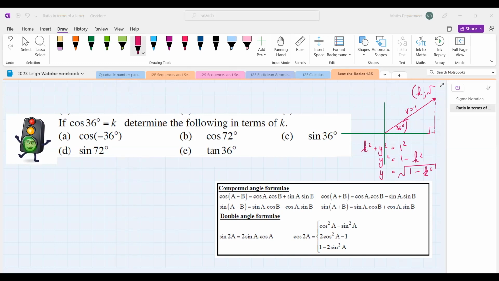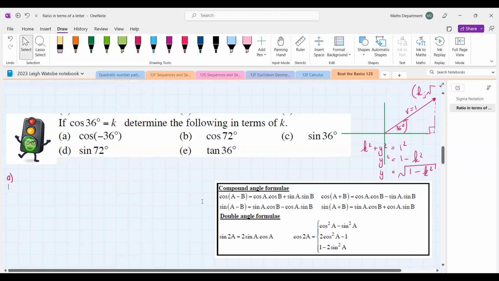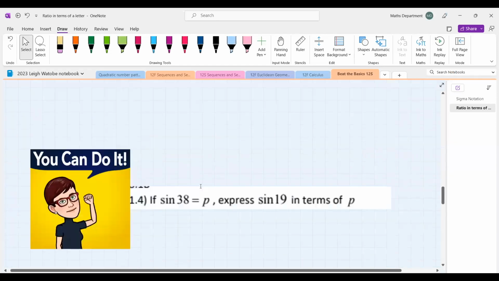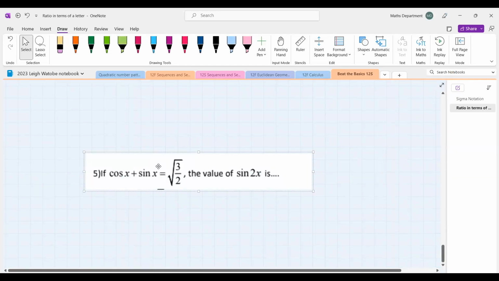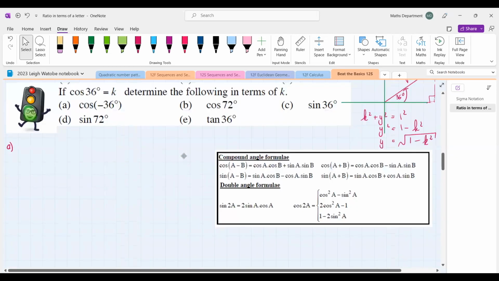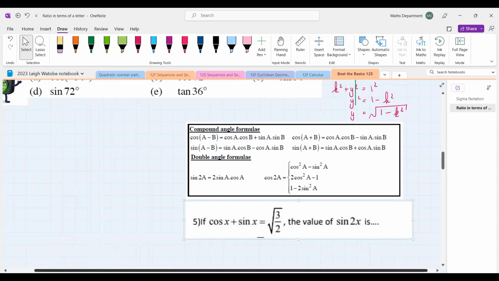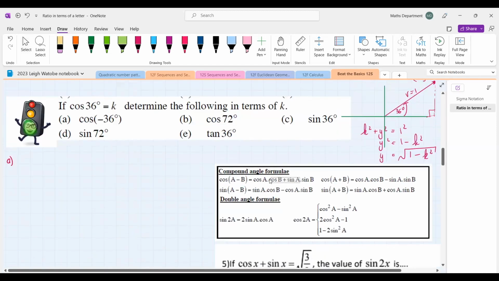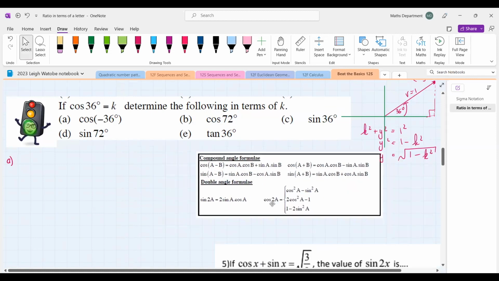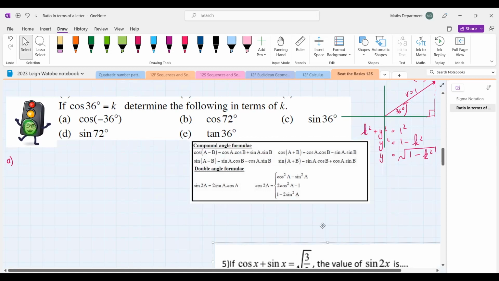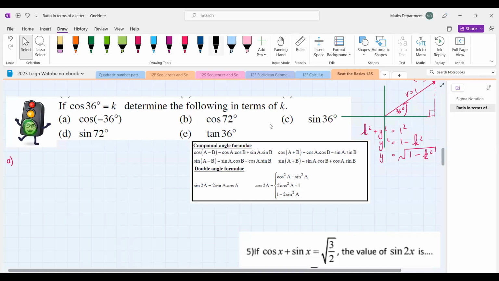Okay, so Pinga, you done from A to E, is that correct? All right, so if you are finished like Pinga, there is question 5 in the bottom right-hand corner for you to start thinking about.